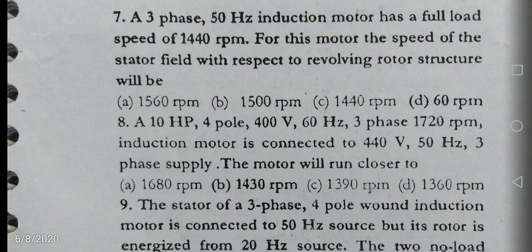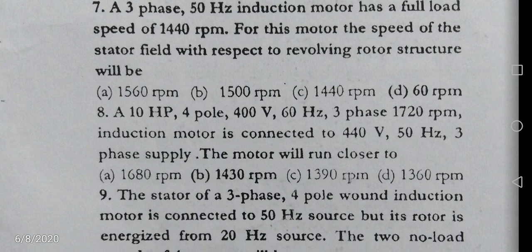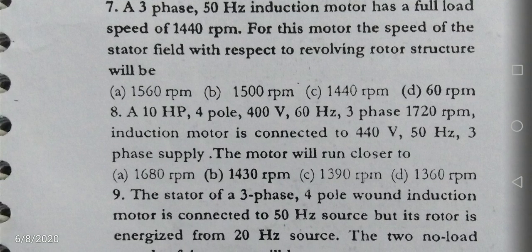Coming to question number 8: a 10 HP, 4 pole, 400 volts, 60 hertz, 3 phase induction machine running at 1720 rpm. This induction machine is connected to a 400 volts 50 hertz, 3 phase supply.